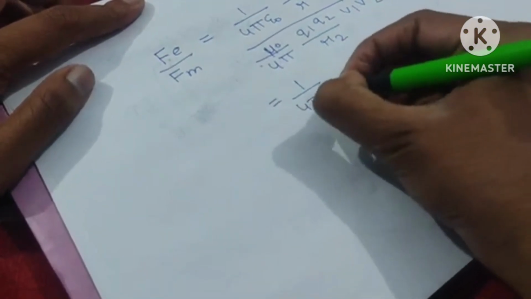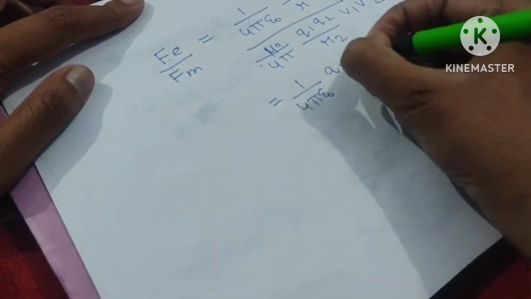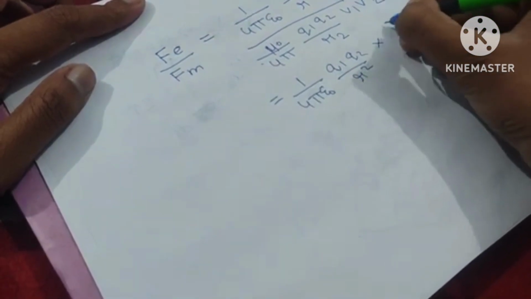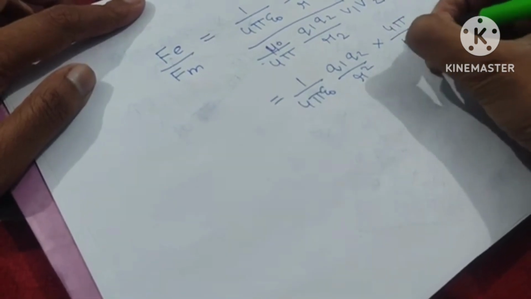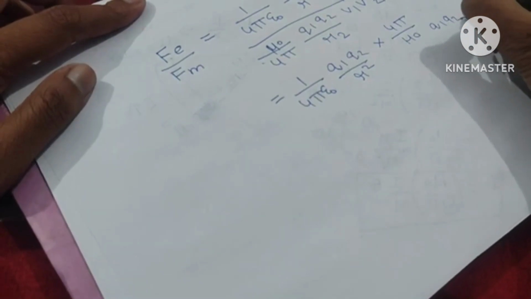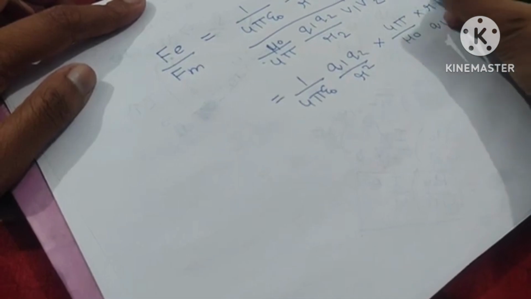First of all, try to simplify. Now simplifying it, it will become 4 pi mu0 q1 q2 by r square over v1 v2 by r square.